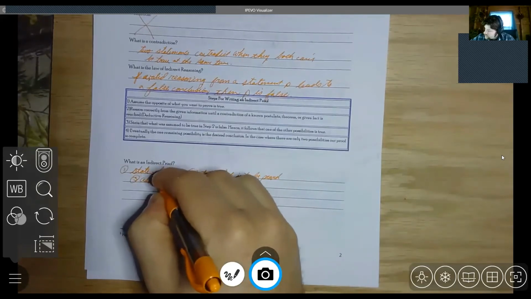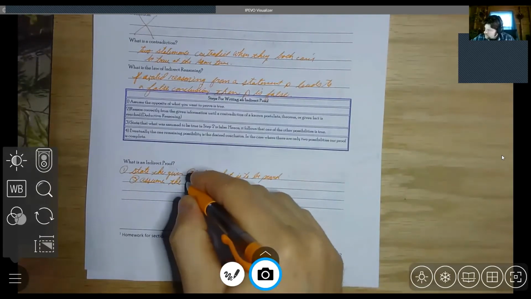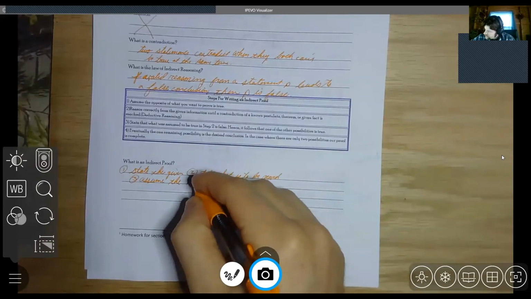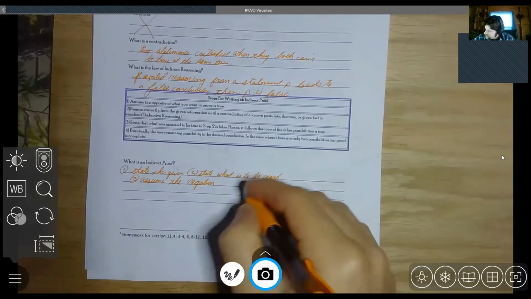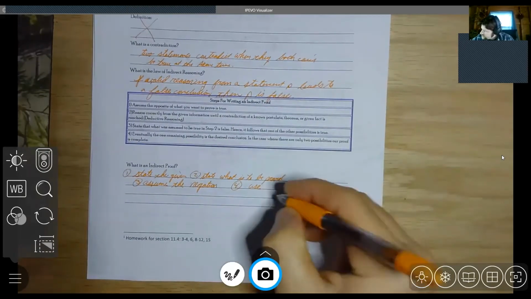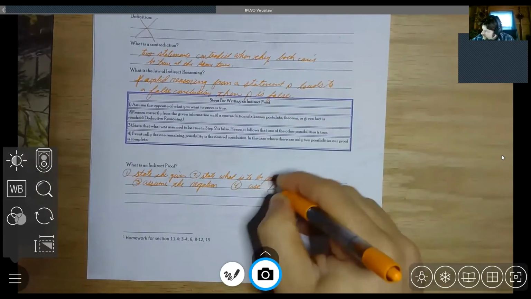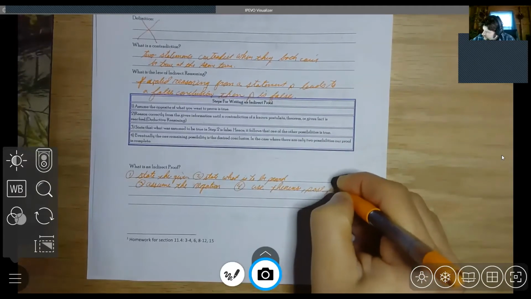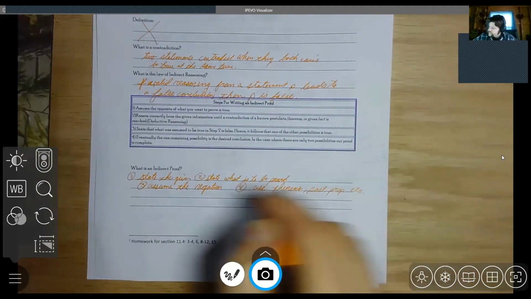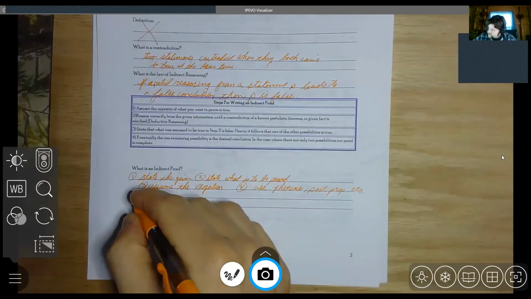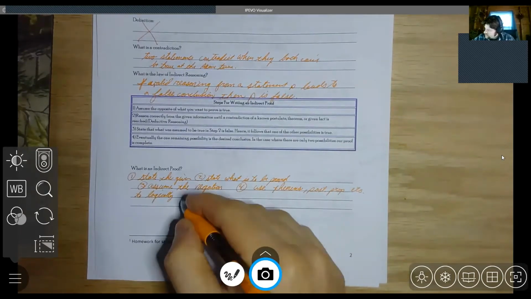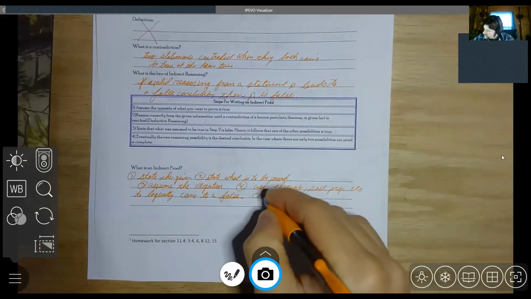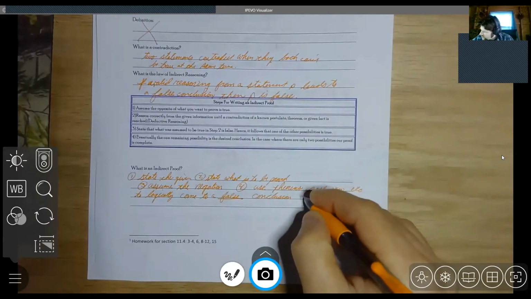Assume the negation. Use theorems, postulates, properties, etc. to logically come to a false conclusion or contradiction.